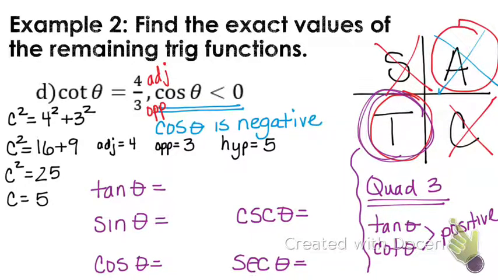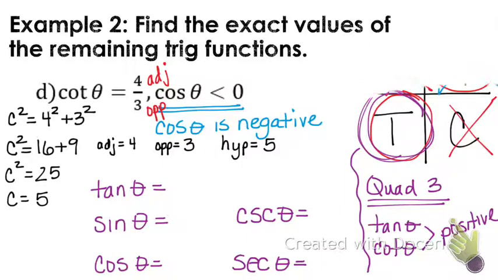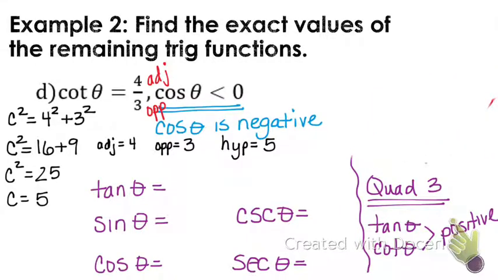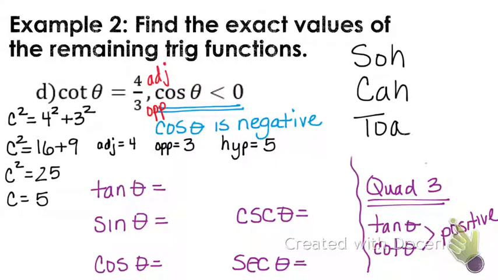And then there's SOH CAH TOA. I don't know if you all remember that from geometry, but it's another acronym to help you remember which sides. What that represents is: S is for sine, that's opposite over hypotenuse.